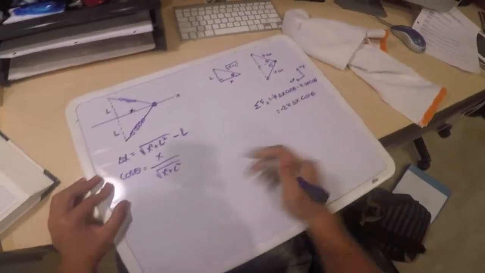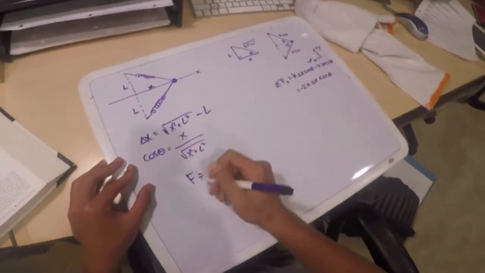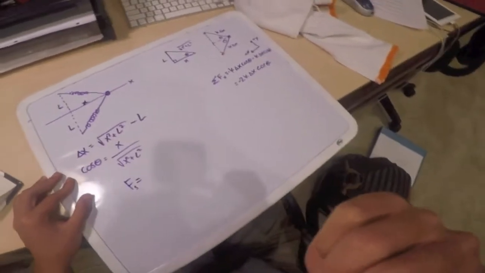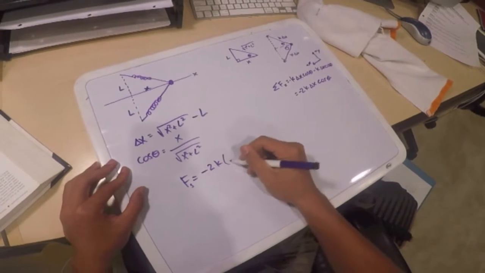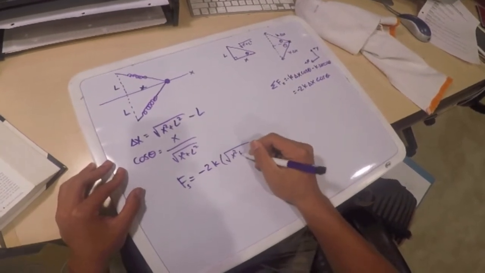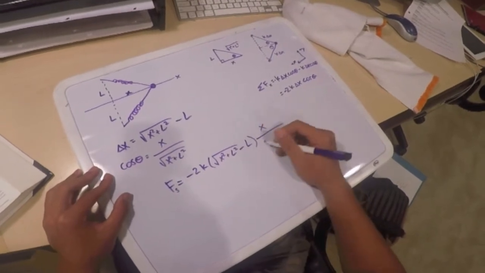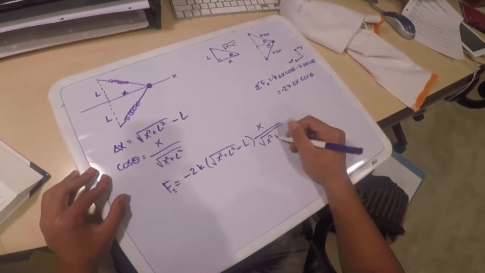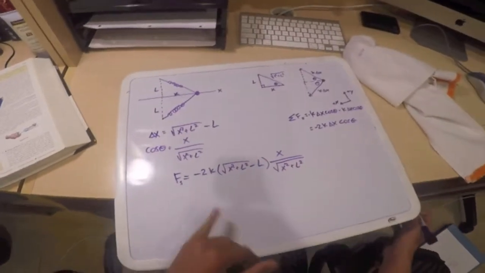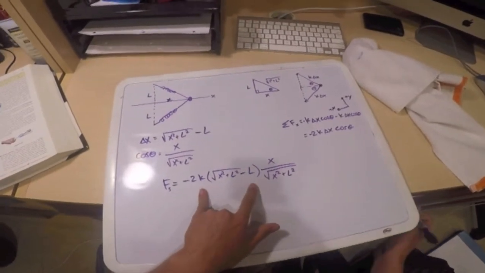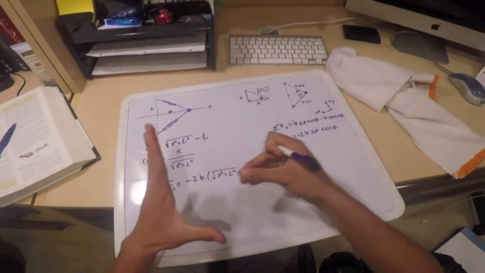So we're going to take that all and we're going to make our big equation. Force of the springs is going to be equal to negative 2k times delta x, which is the square root of x squared plus L squared minus L, times x over the square root of x squared plus L squared. And what this is going to do is, if we're given L and we're given x, we're going to have a function of our force as x increases or decreases.